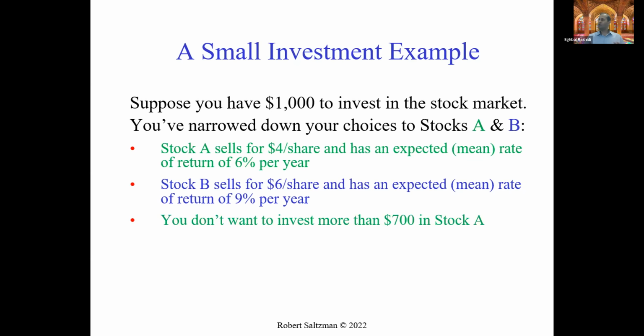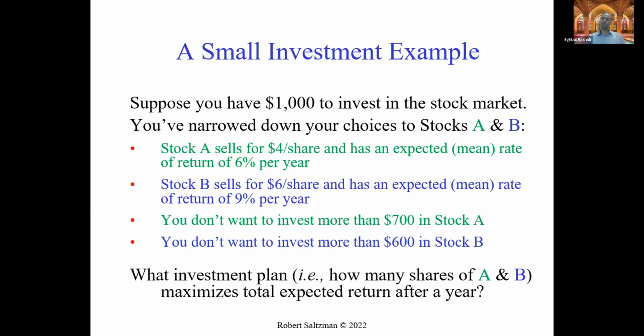Let's add more constraints just to show you how constraints work. Suppose that for whatever reason, you don't want to invest more than $700 in stock A, and you also don't want to invest more than $600 in stock B. So right now you have three constraints.